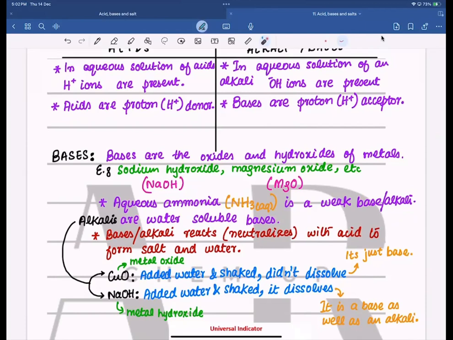For example, calcium oxide dissolves in water, so it is alkali as well as base. Okay, sir. And in the same way, copper hydroxide also doesn't dissolve in water, so it means it's just a base.